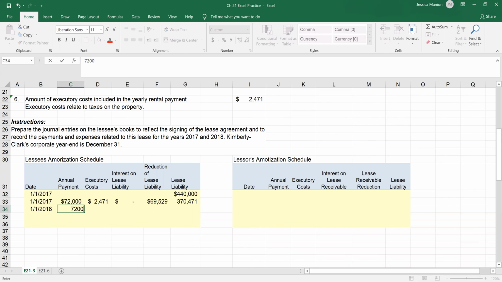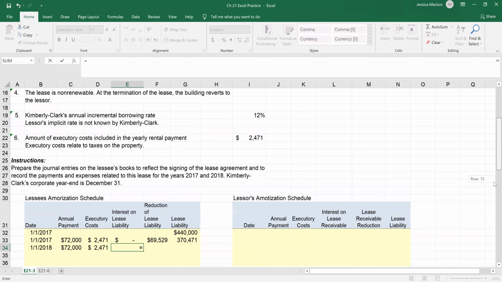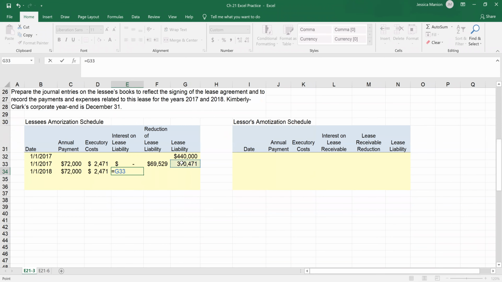So on 1118, Kimberly Clark makes another $72,000 payment. 2471 is the executory cost. The interest equals, and we've got to go back up and see the interest rate, 12%. So this number times 0.12. So the interest is 44,457. And then again, the reduction of the lease liability equals the payment minus the executory cost minus the interest.